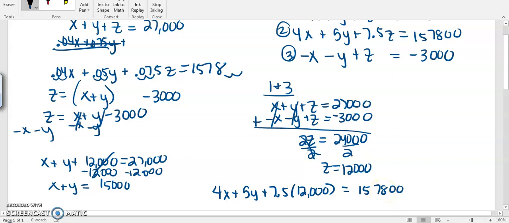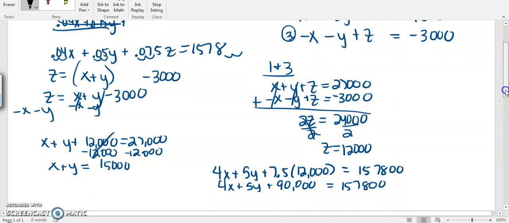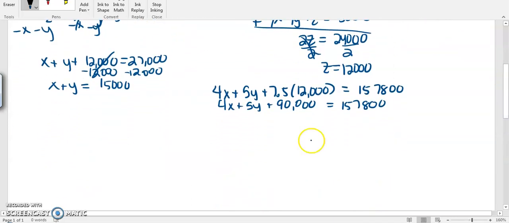So 7.5 times 12,000 gives me 90,000. So I have 4x plus 5y plus 90,000 equals 157,800. And then I subtract 90,000 from both sides. Whatever you do to one side, you do to the other side.